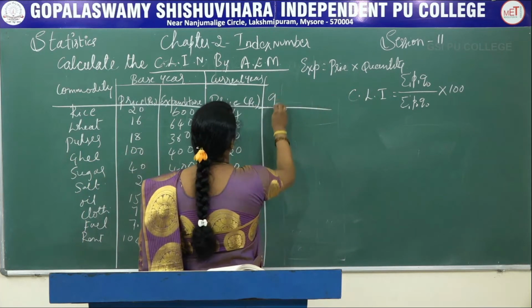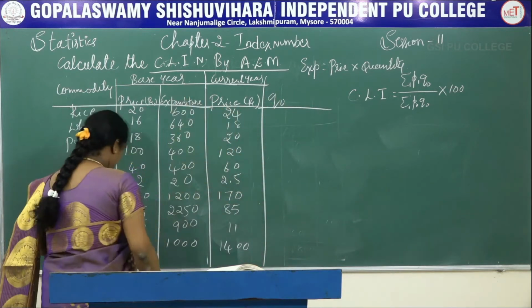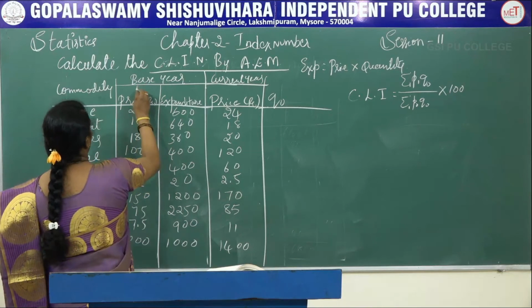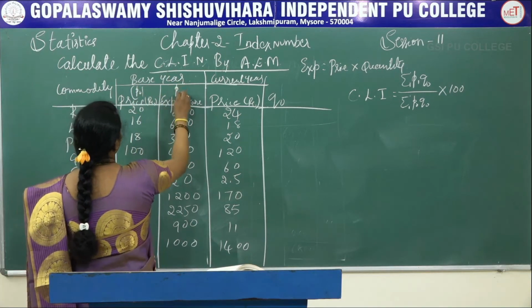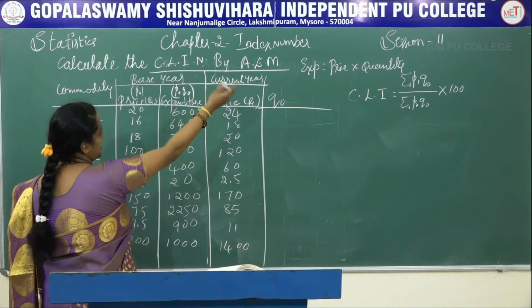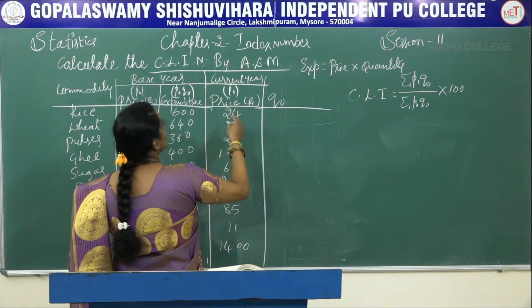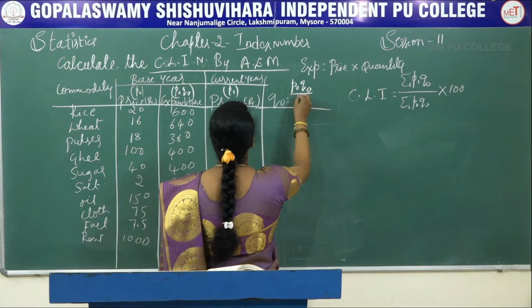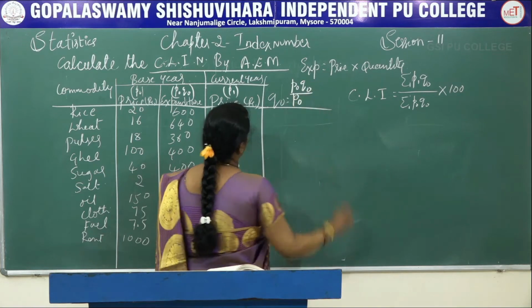First we will find out Q naught. Here our base year price is P naught, base year expenditure is P naught Q naught, and current year price is P1. To find Q naught, it is the ratio of P naught Q naught divided by P naught.